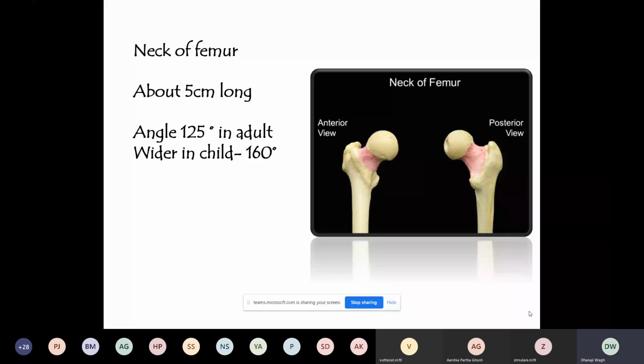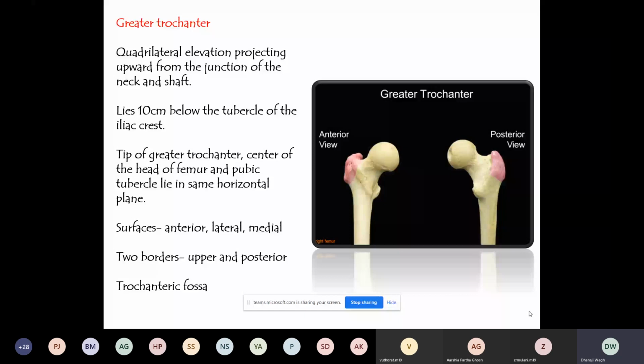The extracapsular part of the neck is supplied by the ascending branch of the medial circumflex femoral artery. So you have to remember these points. These are MCQ questions, or in the Viva they may ask you this.